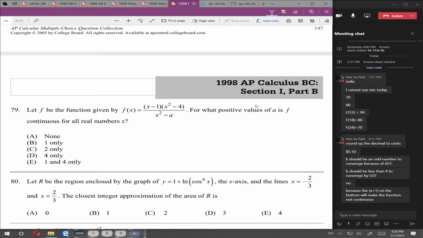Okay, you're right. However, even the x minus 1 on bottom would still make this discontinuous as well, because even if we have a removable discontinuity, that's still not continuous. So you're right that 1 is not okay, and you're also right that x plus 1 would be a non-removable discontinuity or a vertical asymptote, but the x minus 1 is also not okay.